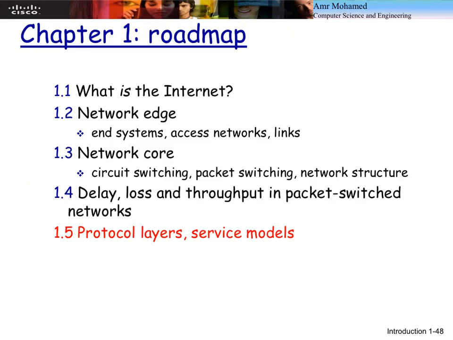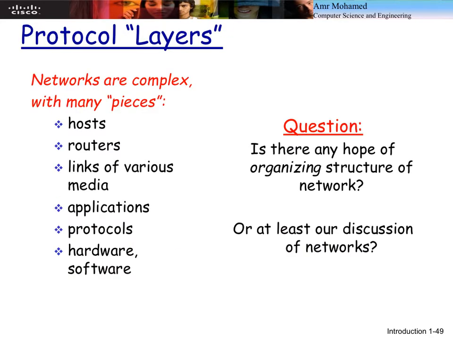So the last topic in this chapter is what we call protocol layers or service models, and that part talks about the fact that in order for us to design the protocols in the internet network architecture nowadays, we can find, due to all the issues discussed before, that it's highly complex.